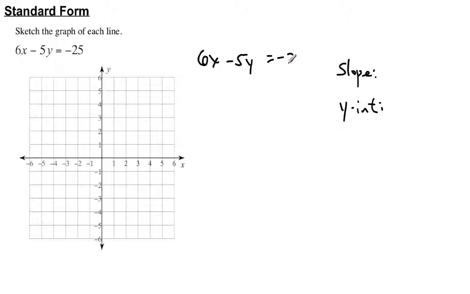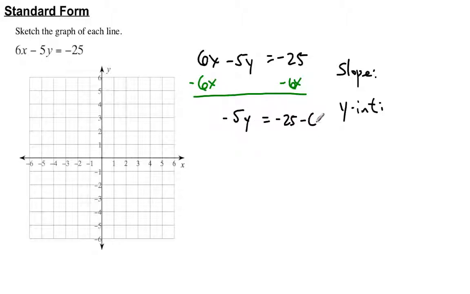So we want to solve for y. Same thing. Start by subtracting 6x from both sides. We're left with negative 5y is equal to negative 25 minus 6x. Now divide by negative 5.